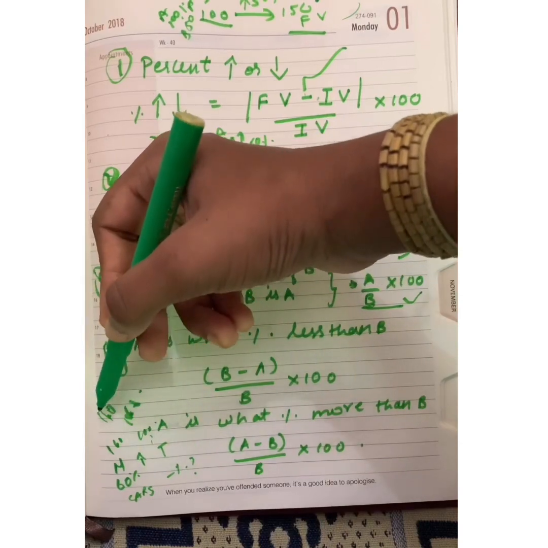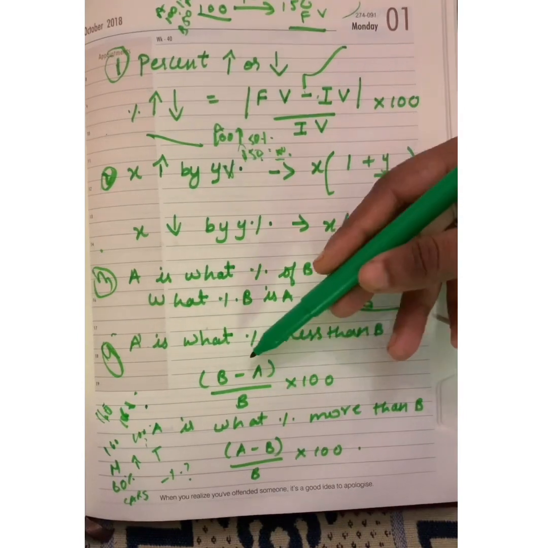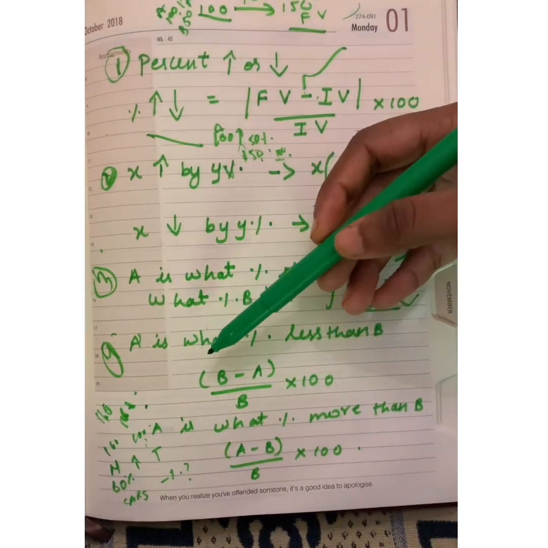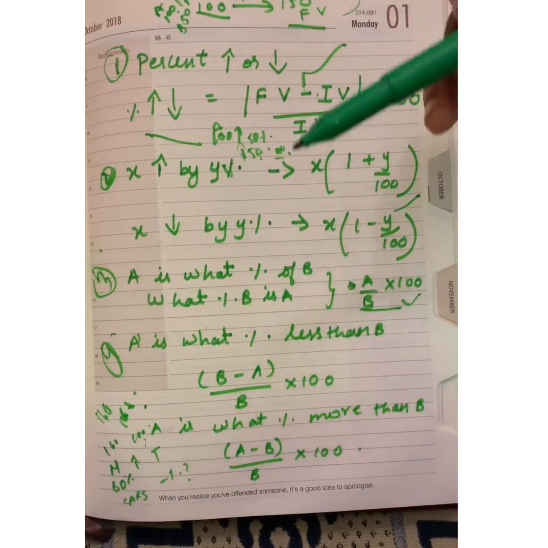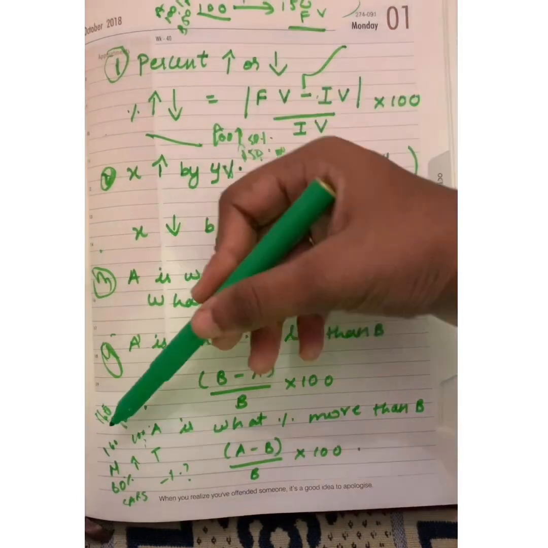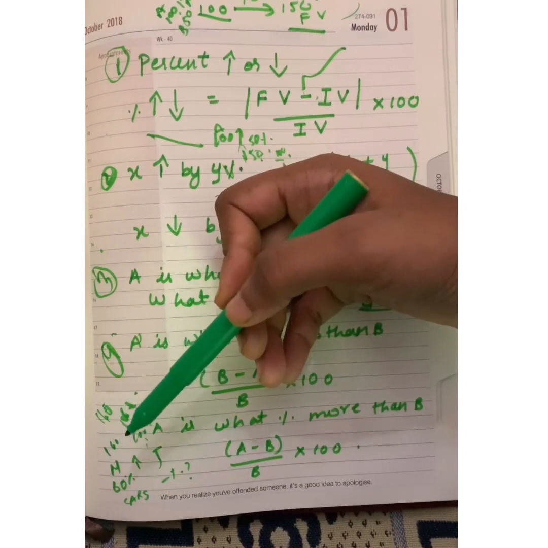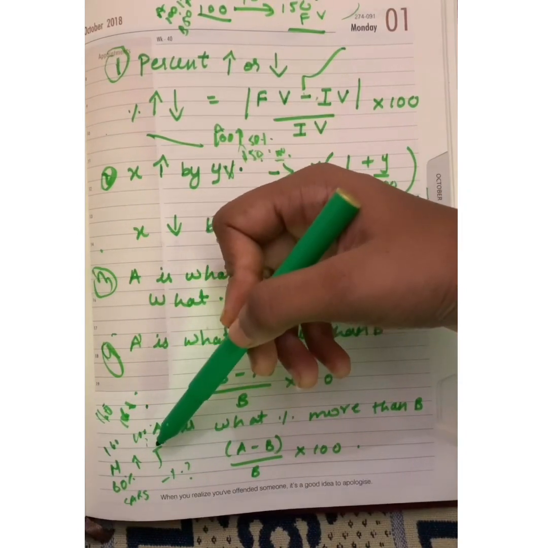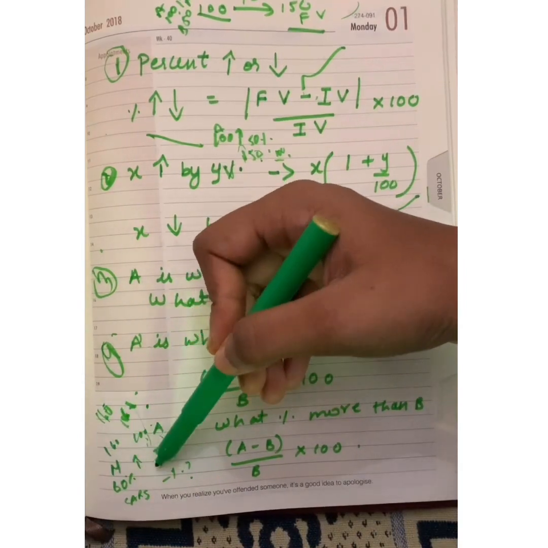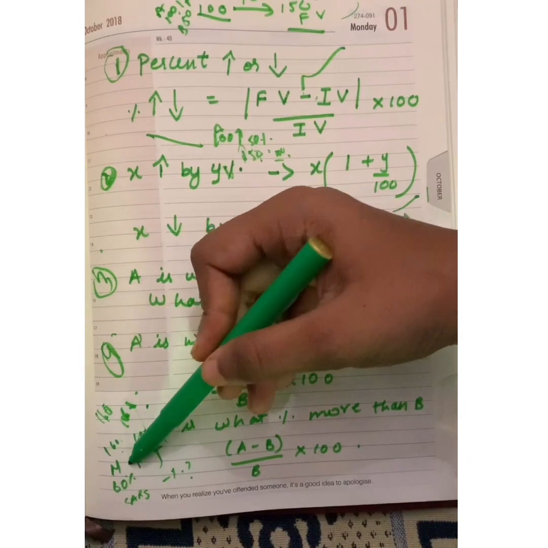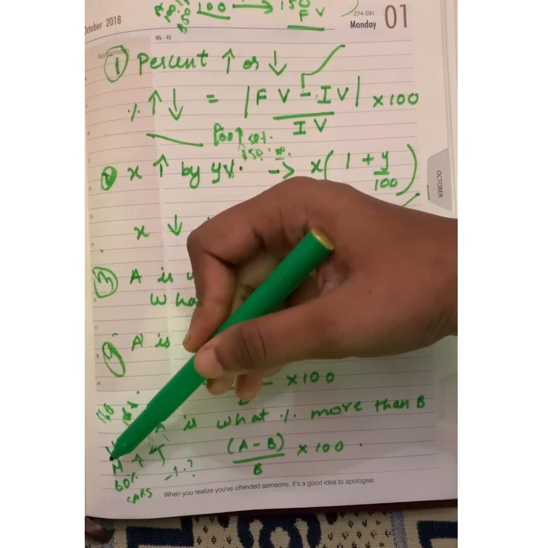When you know the value of A and B, you can straight away substitute here B minus A by 100. Like they will be asking what percentage is less than B. When you read the question, you will know what is A and B. From this example, the initial value they'll be asking about is Toyota, because it is 100, and when it increases it gets to 160, which is Toyota is less than Maruti, where Toyota is 100 and Maruti increases 60%.